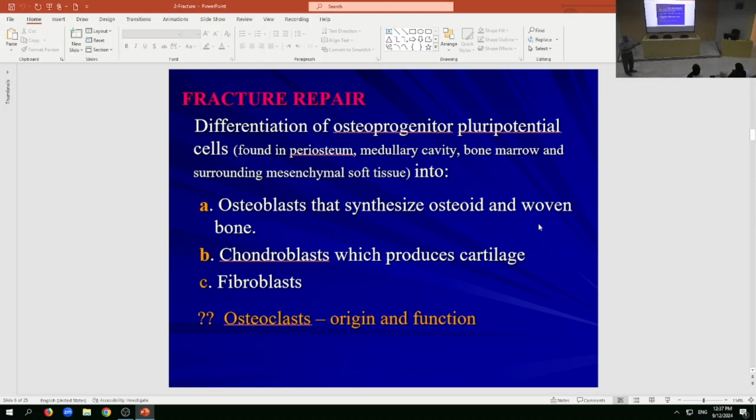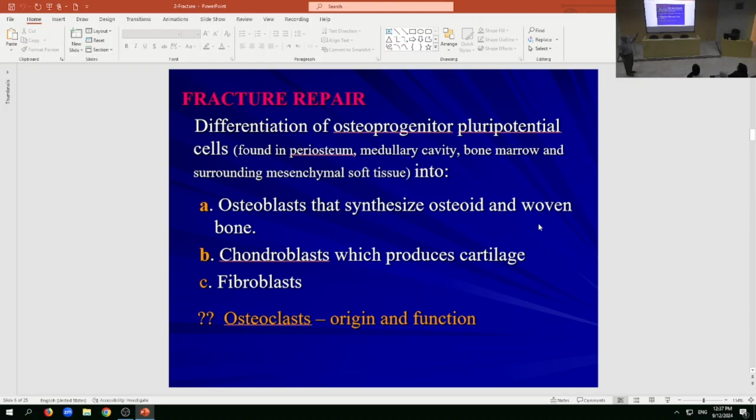And when these mature, they are called chondrocytes. These are well differentiated. They do not divide. And you have also fibroblasts commonly found in the bone. So these are the three types. They all come from osteoprogenitor cells.